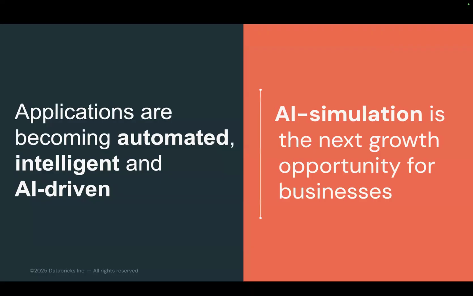There is also another part around AI simulation. Automation is one way of looking at it, and having simulation scenarios is another. For example, in situations where you don't have enough data, you can generate data with Gen AI and also simulate.